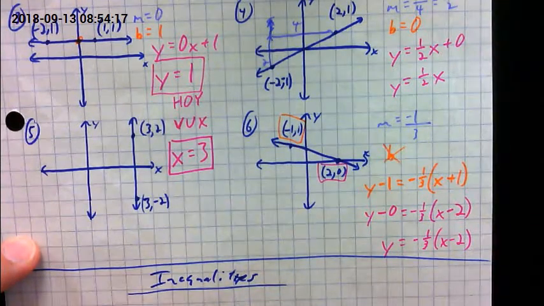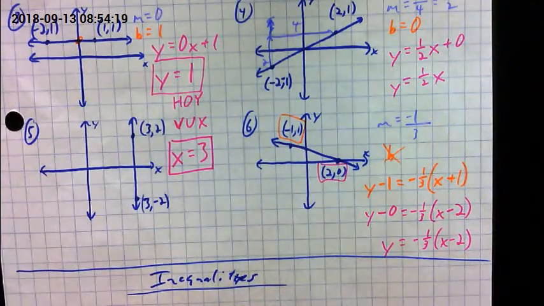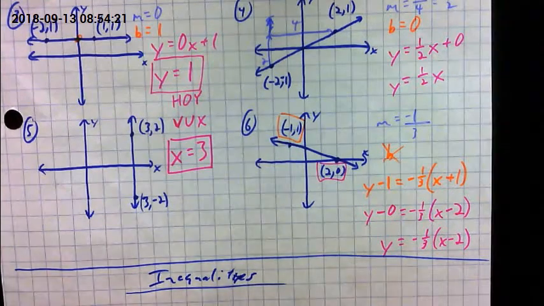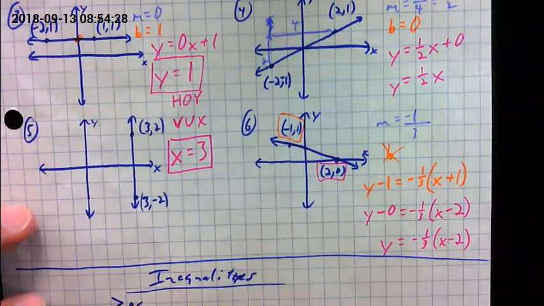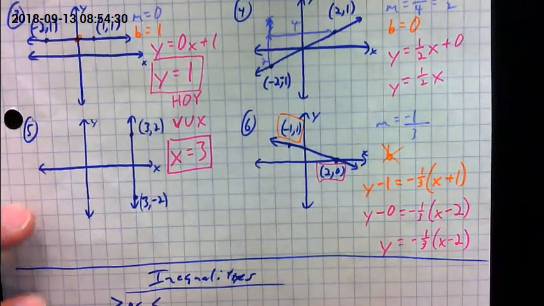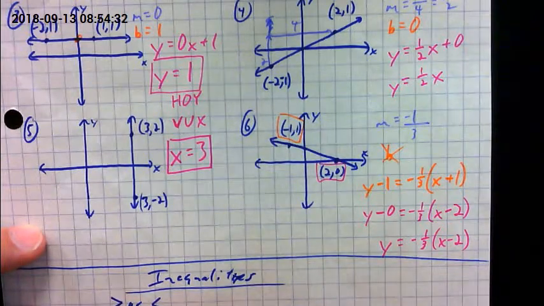If you have a less than or greater than sign, sorry, I said that wrong, a less than or a greater than sign, then your lines on your graph will be dotted.